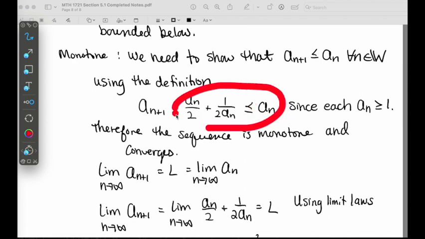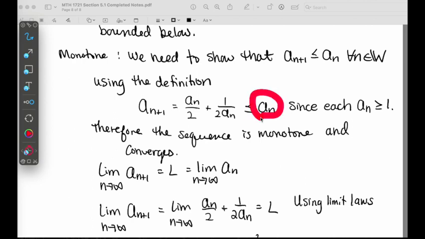So an over 2 plus 1 over 2an is going to be less than or equal to an for all of the terms. So we just showed that the sequence is monotone, and we showed previously that it's bounded below by 1. So by the monotone convergence theorem, we know that this sequence converges.